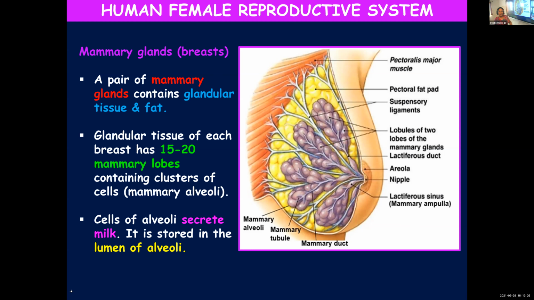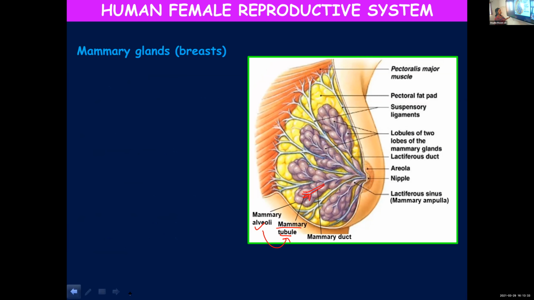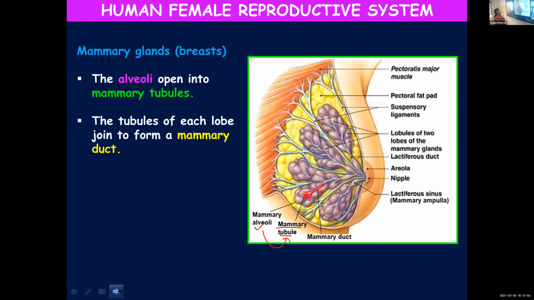Now, these alveoli will open into mammary tubules. Lobes, alveoli, now tubule. Several such tubules of each lobe will join together and form a mammary duct.